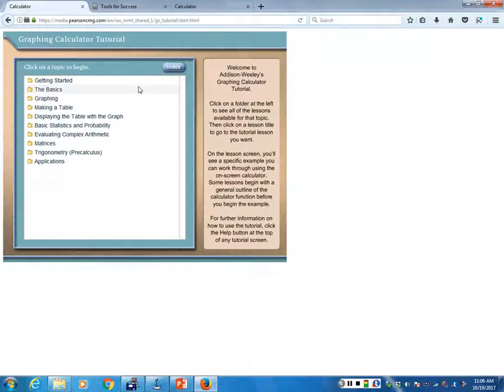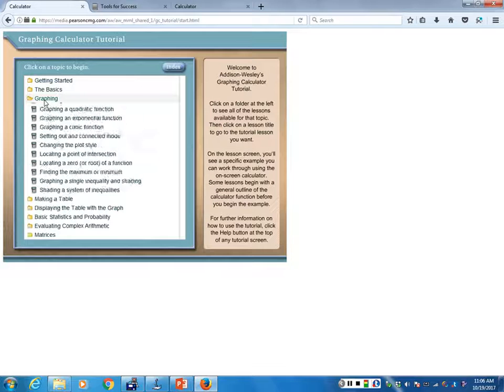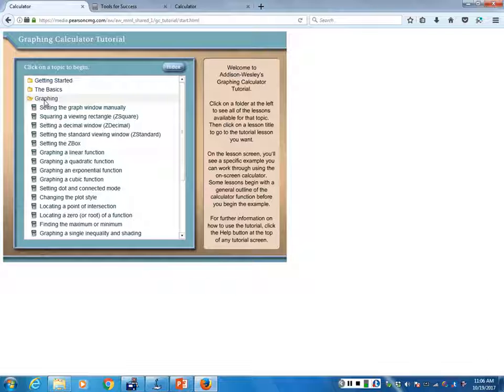Now the thing that's going to help you with this is going to be to choose graphing. This is in the PowerPoint. So choose graphing. And then it opens up a menu, and if you'll go all the way down to the bottom, it will show you how to graph a single inequality and shading.